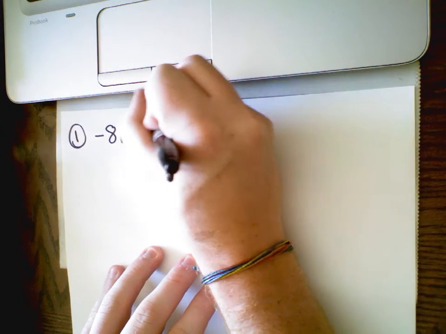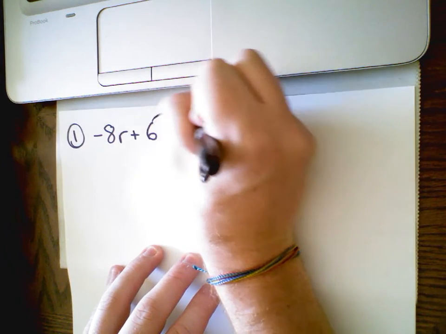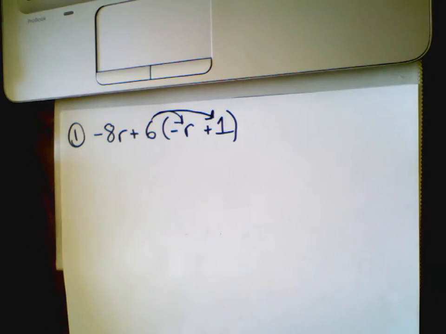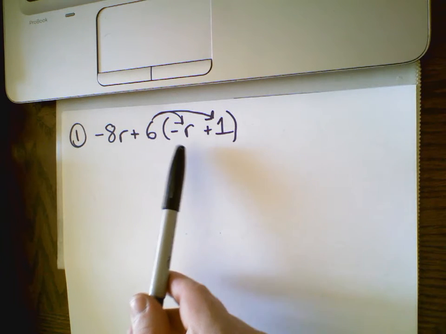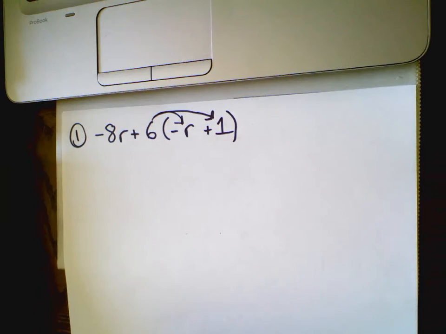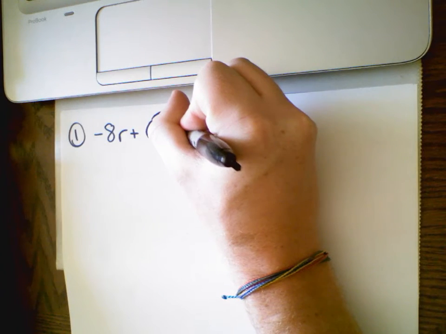From 6, I'm going to draw an arrow to r and an arrow to 1, which tells me I'm multiplying. Now, before I multiply, I mentioned a point in week 2 that I want you guys to remember. Whenever you have a variable, which in this case is our r or a letter, and it doesn't have a number, make sure you put a 1 right here.